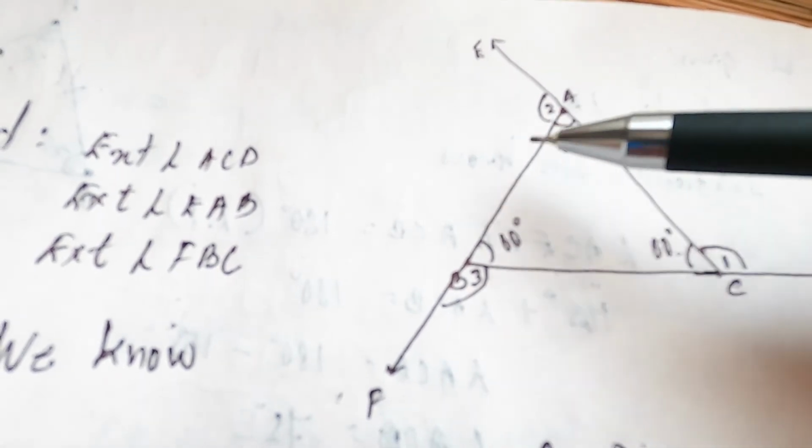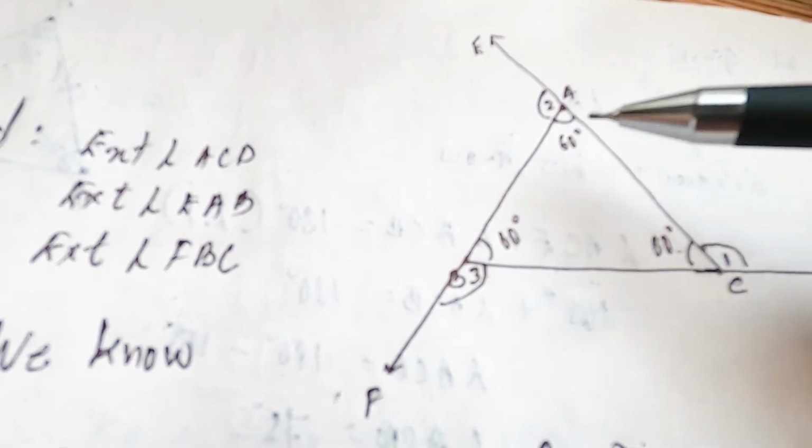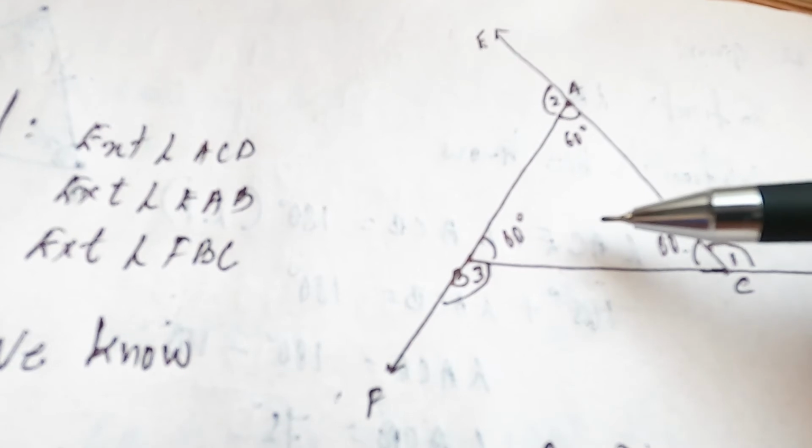We don't have to calculate anymore, because in an equilateral triangle all interior and exterior angles are equal.